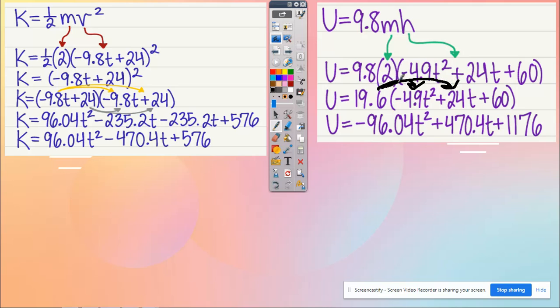And the reason I can distribute is because this does not have a squared or 3 or any kind of exponent outside the parenthesis. So if you do distribute, you will get potential energy equals negative 96.04 t squared plus 470.4 t plus 1,176.